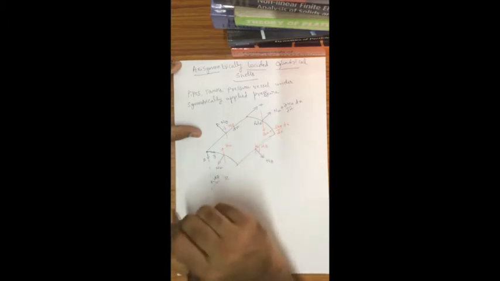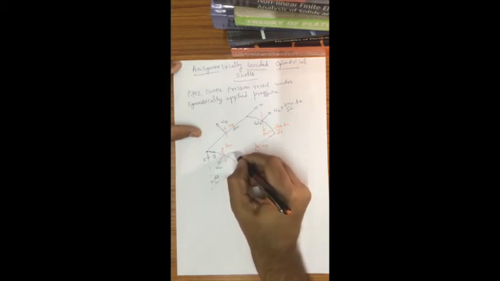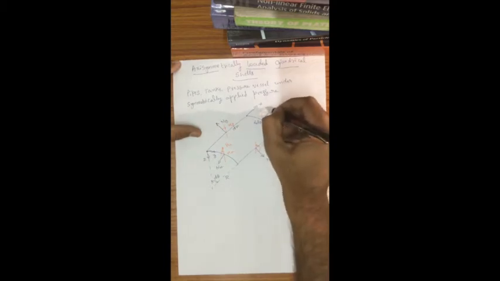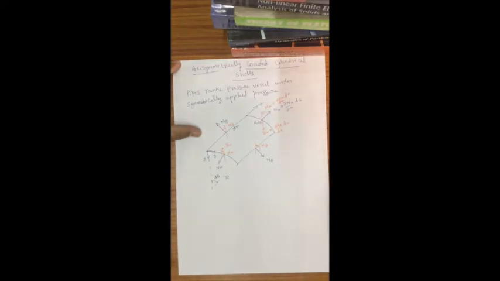This is m theta, and we have the moment mx, and on the other side the moment is changing, that is mx plus dmx by dx. So this is the incremental change in the moment.